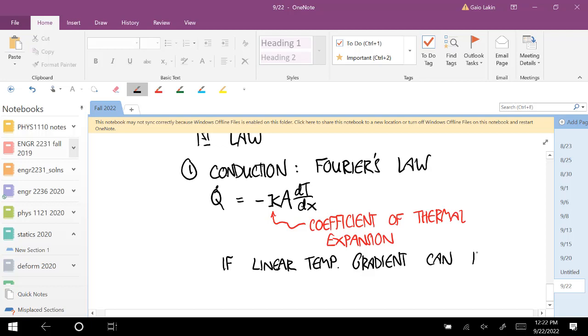You can just treat it as Q dot is equal to negative kappa times the area times the change in temperature over the thickness. I think in any conduction problems you do in this class, the temperature always varies linearly, so you can just jump right to that.